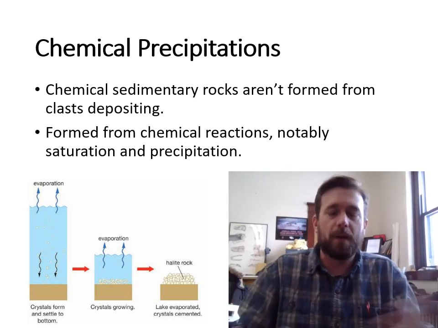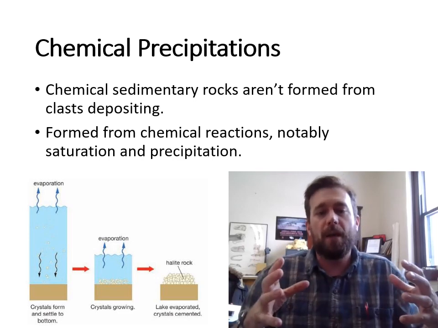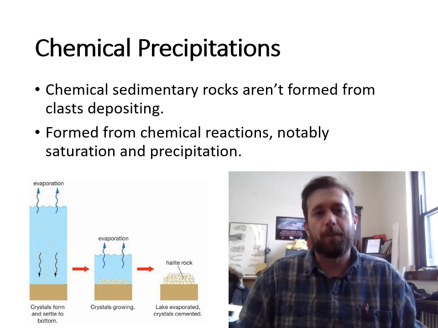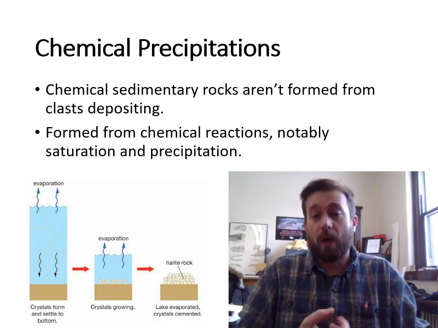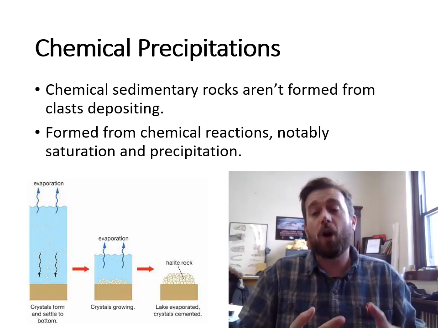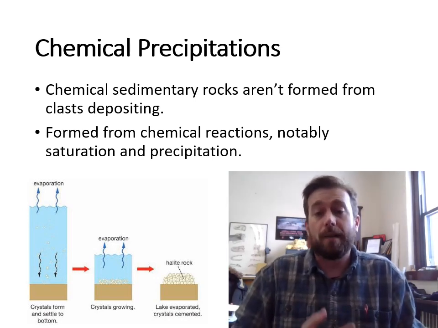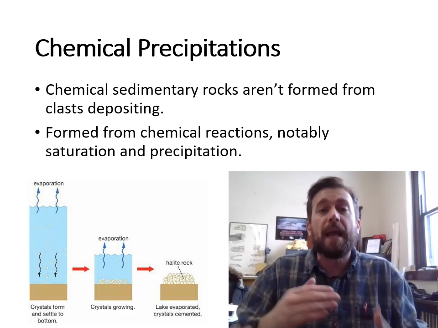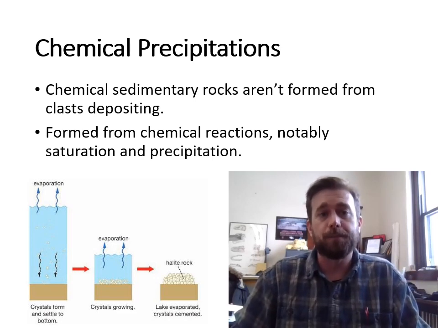Our hypothetical lake here has evaporated, and we have all of these evaporites or chemical precipitants that are all stuck together. This is how we form rock salt. This is how we form gypsum. It's also how we form all of our carbonate sedimentary rocks like limestones and dolostones, and their various subcategories of those types of rocks.